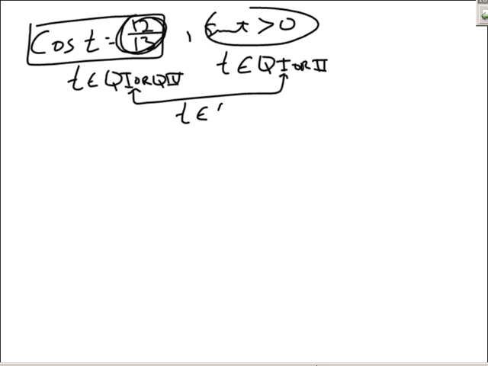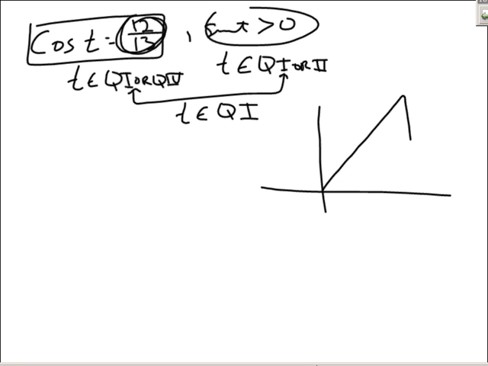T lies in quadrant 1. So I draw my little diagram in quadrant 1, and cosine is adjacent over hypotenuse, 12 over 13.